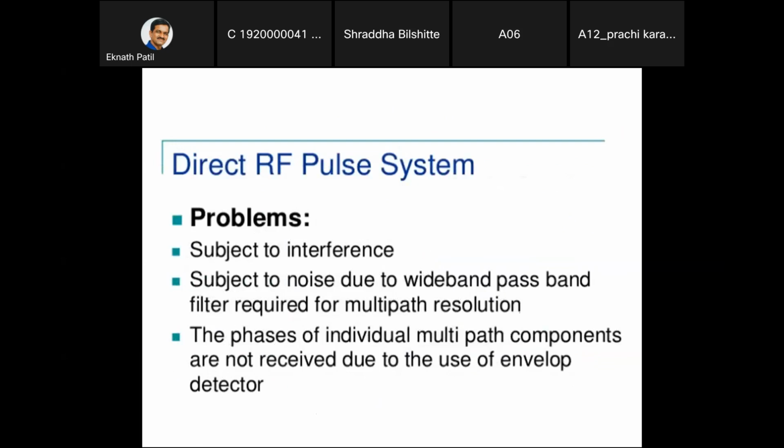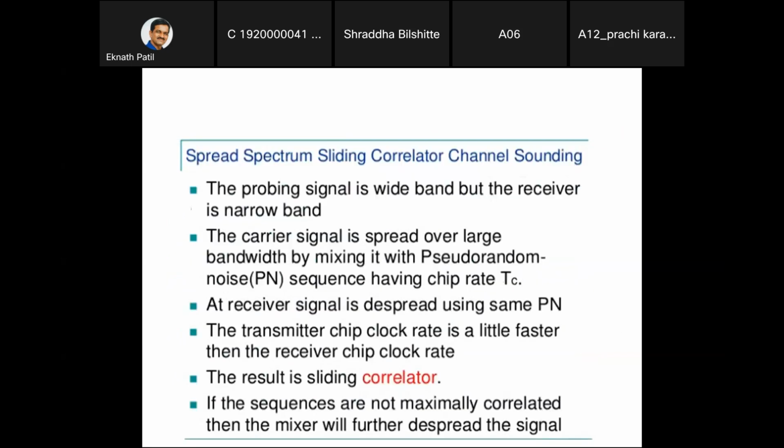So the direct pulse system has many limitations, like subject to interference, subject to noise due to the wide pass band filter required, and the phases of the individual multipath components are not received due to the use of the envelope detector. And these are the limitations of the direct pulse.